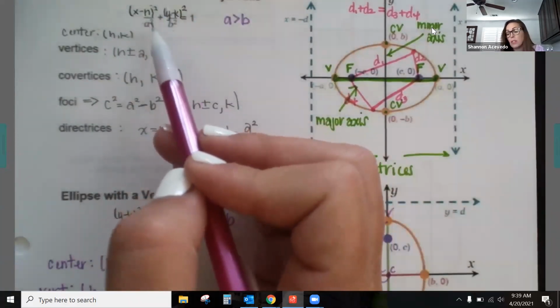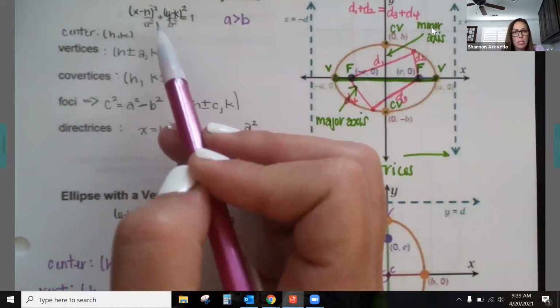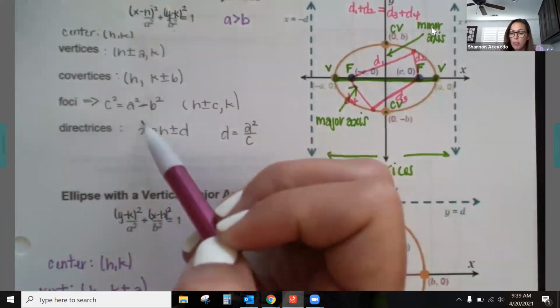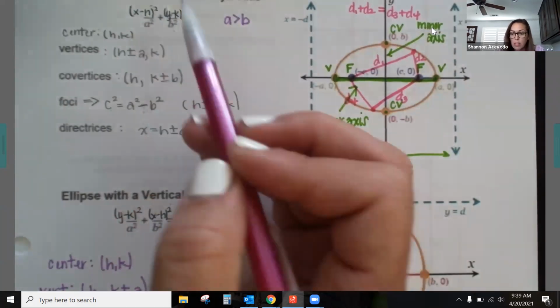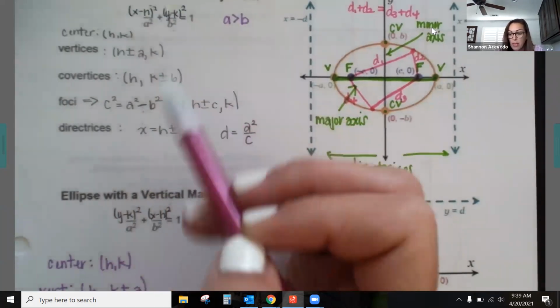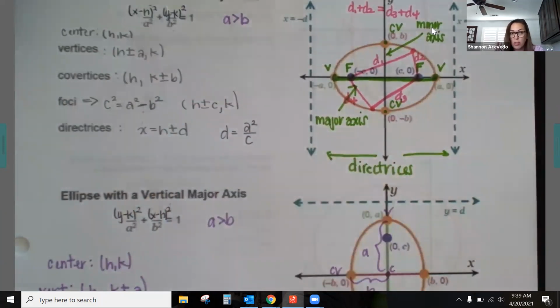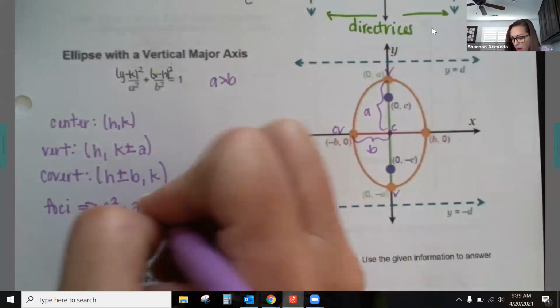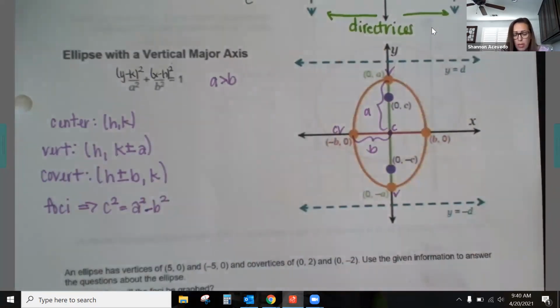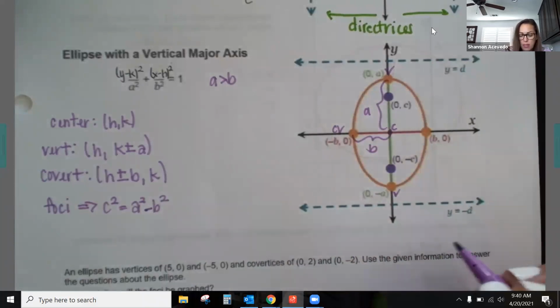You're going to find your foci for your hyperbolas coming up too. So when we talk about that c value, for hyperbolas it's going to be a plus. Just to point that out. This is going to be minus. That's my fault, so sorry.